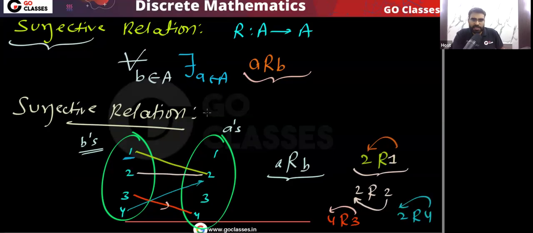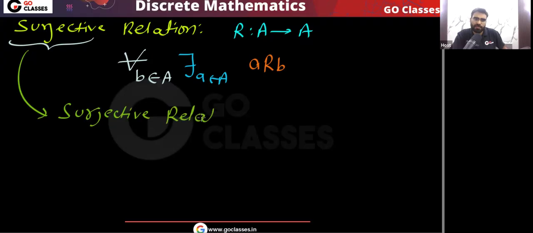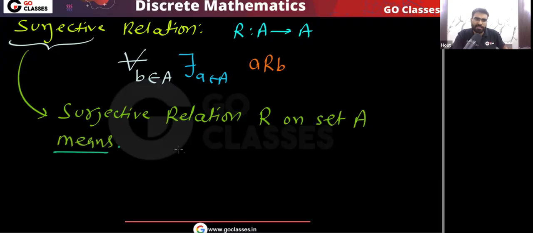So I can simply say that in a surjective relation, every element must have a pre-image. Can I say this? Please tell me. Surjective relation on set A means that every element has a pre-image. Yes or no?